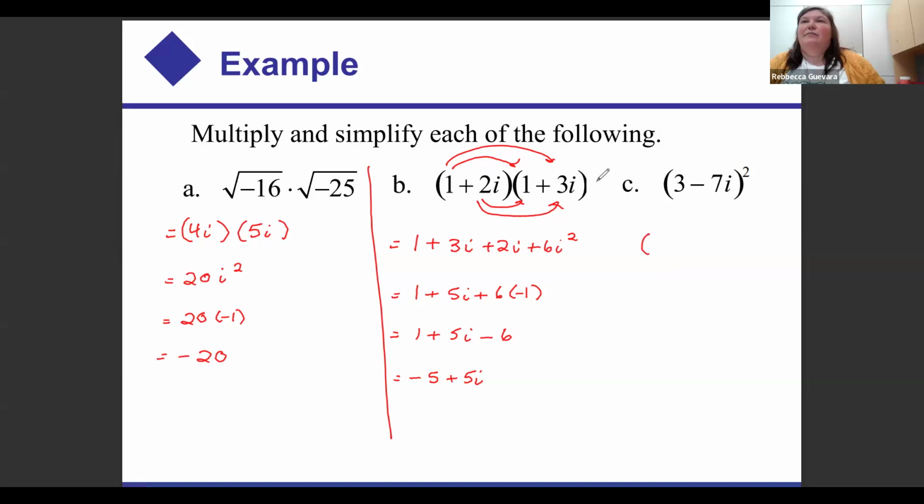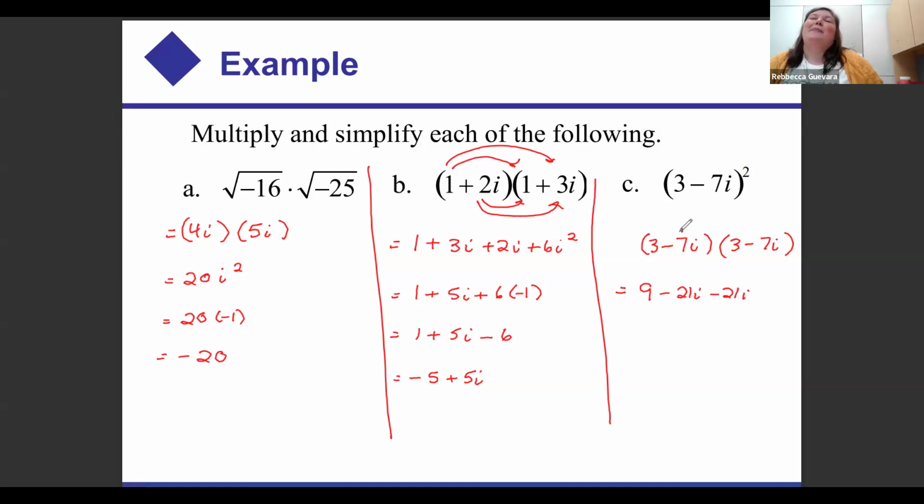Then C is going to be foiling again. It's just that we have 3 minus 7i, squared. So my complex number squared. So you just expand it, and then we're going to FOIL. 3 times 3 is 9. 3 times -7i is -21i. Then -7i times 3 is another -21i.